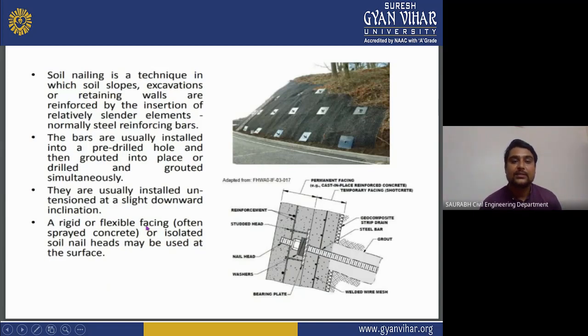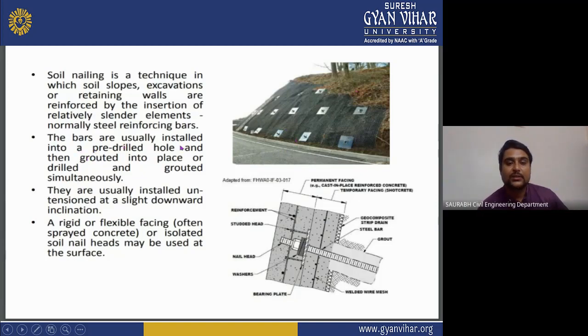Soil nailing is a technique in which soil slope, excavation, or retaining wall are reinforced by the insertion of relatively slender cylindrical elements, normally steel reinforcing bars. As you can see here, we also provide some steel reinforced bar to prevent the soil which intends to come onto the road.